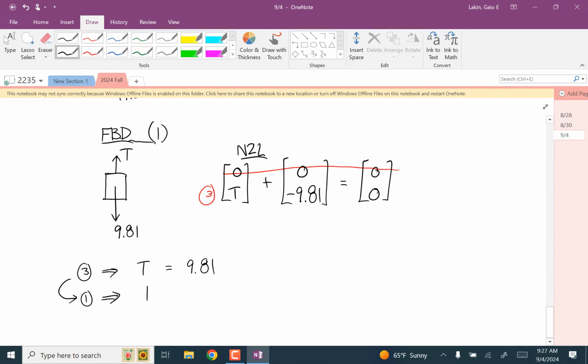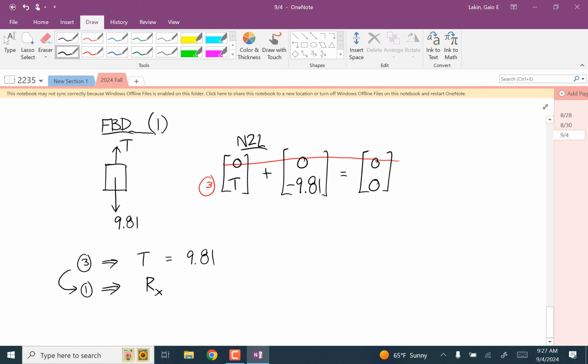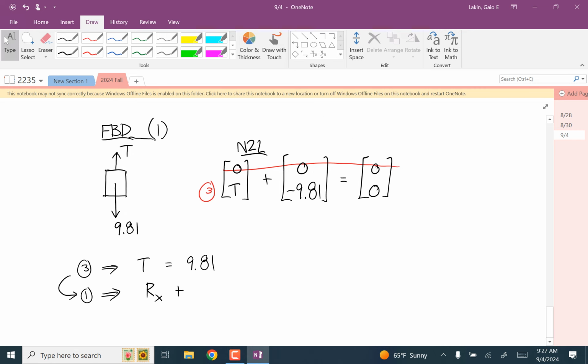So we got Rx plus 0.940 times 9.81 is equal to 0.